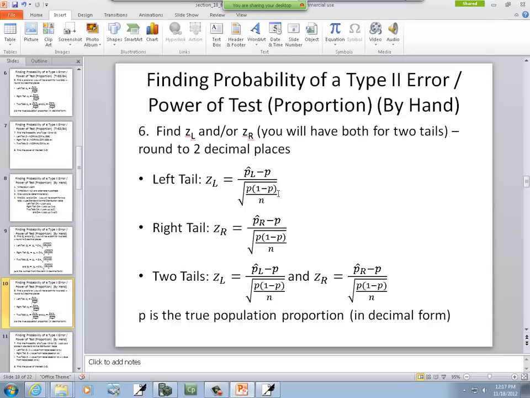Step 6. For left tail, we're going to find Z sub L. And it is exactly the same formula.